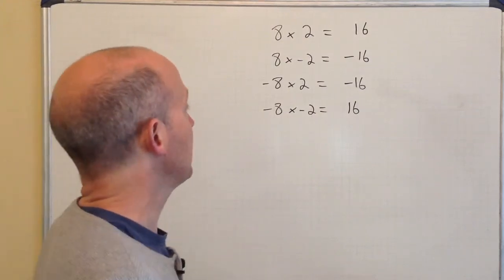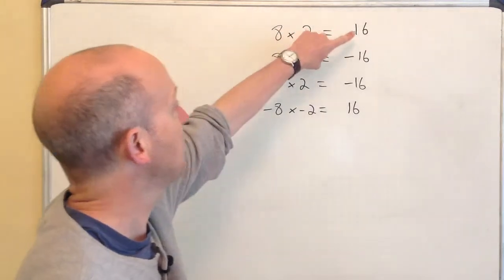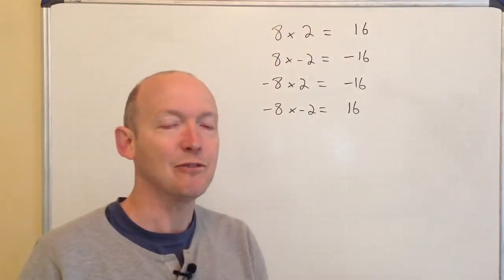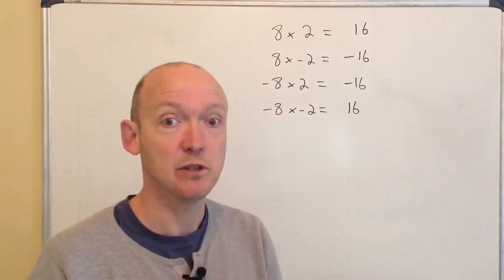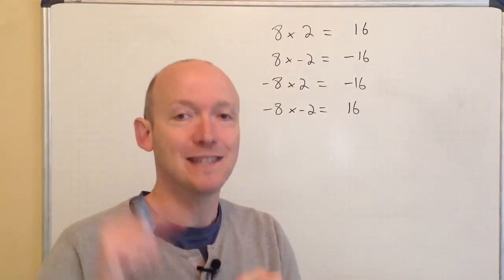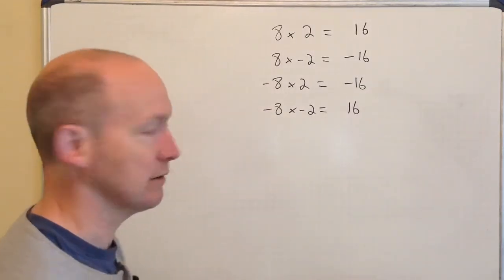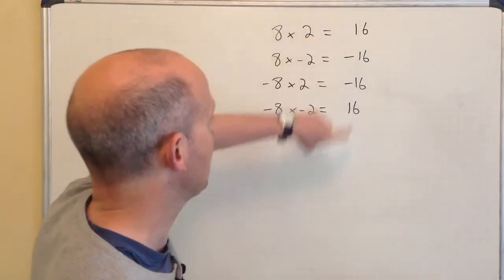Right, so let's just have a look at this here. First of all, I think the very important point to emphasise is that notice the numbers don't change. When you're multiplying or dividing, as we'll see in a second, with negative numbers, the minuses don't affect the actual number itself. 16, 16, 16, 16 all the way through. The only question you've got to ask with a multiplication or a division sum is: is it positive or negative?